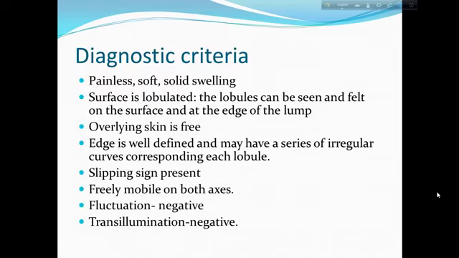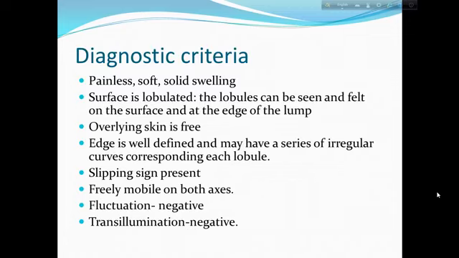This is called the slipping sign. It means the swelling is freely mobile from the skin and underlying structure, and it is freely mobile on both axes, vertical and horizontal, and fluctuation test negative, transillumination test negative.